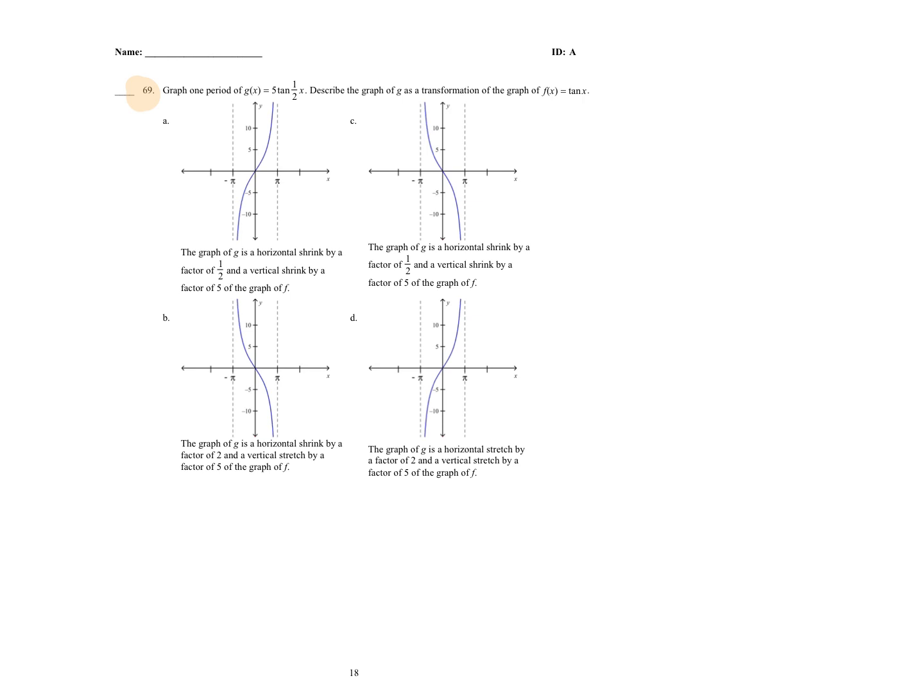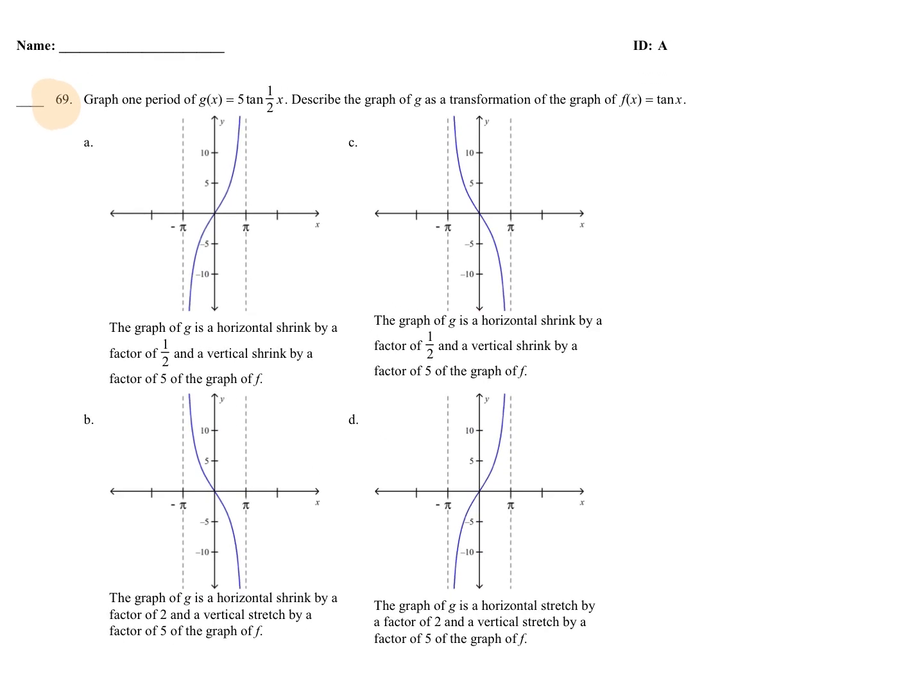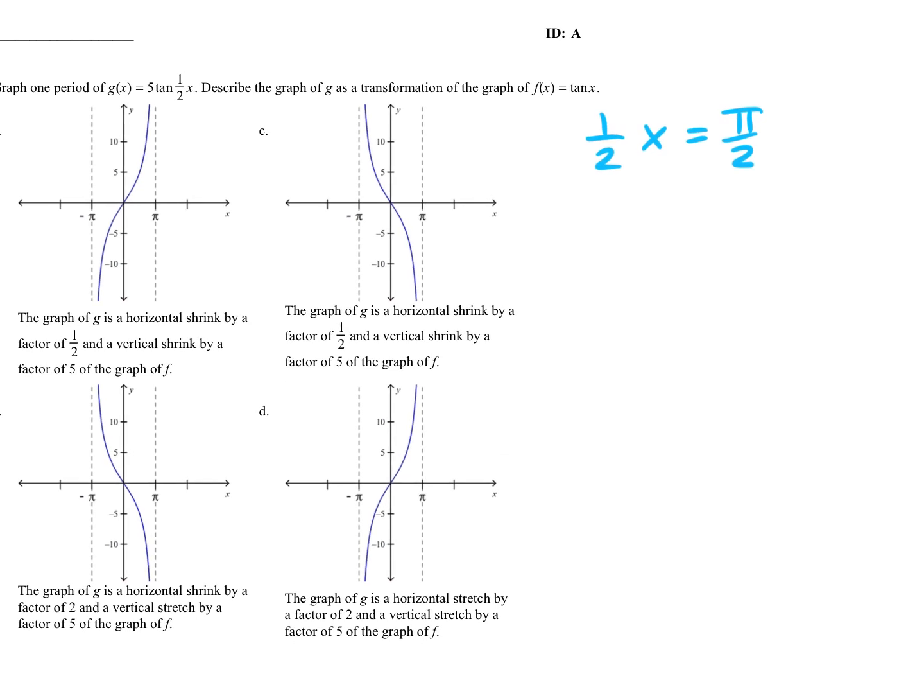So for 69, it says graph one period and describe the graph as the transformation. So here we set 1/2 x equal to what? Then we solve for x. We can multiply 2 on both sides. So x is equal to pi.